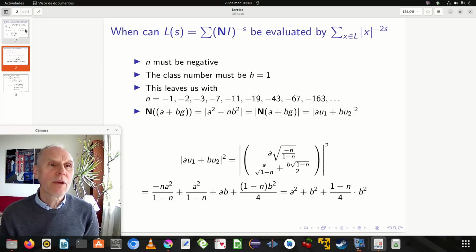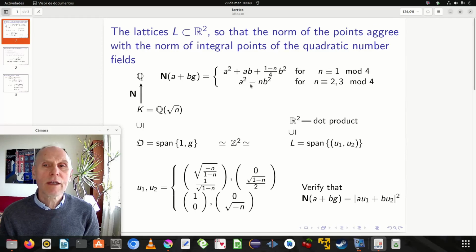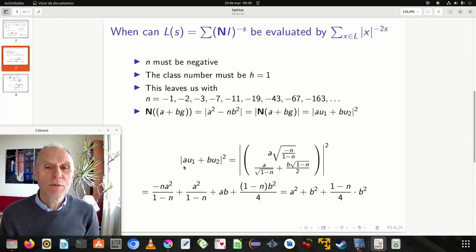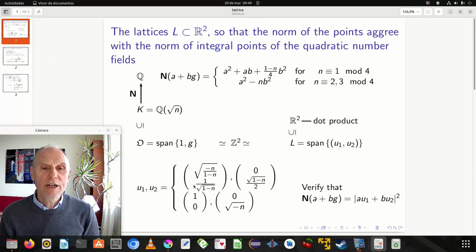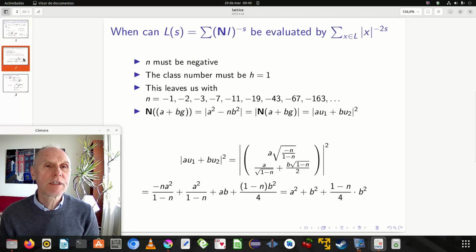And in this case, where n is equivalent to 2 or 3, it's quite obvious: a squared minus n b squared. It's slightly more difficult when n is equivalent to 1. It's a times this plus b times this.